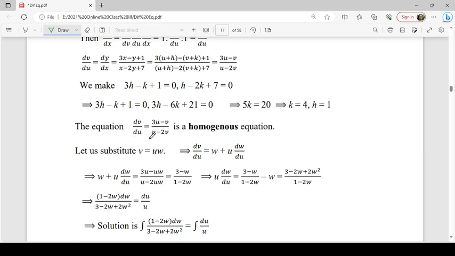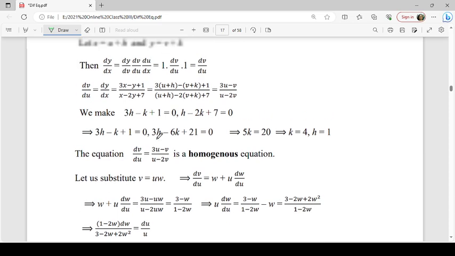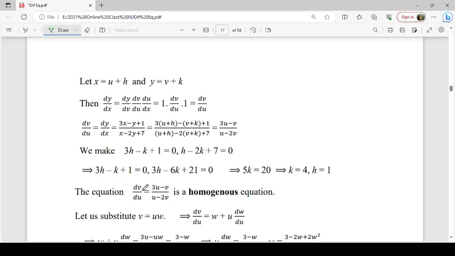Then we write dy by dx as dv by du, which is 3u minus v over u minus twice v. So this is a homogeneous equation.